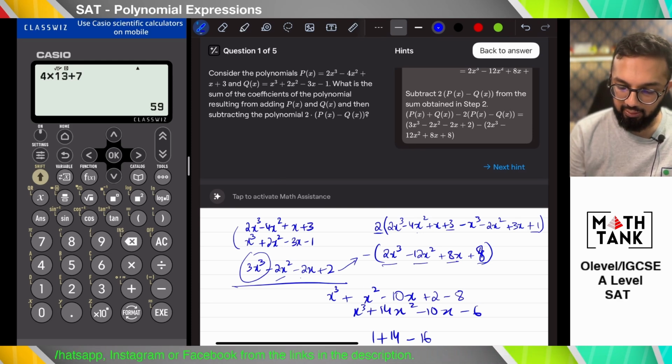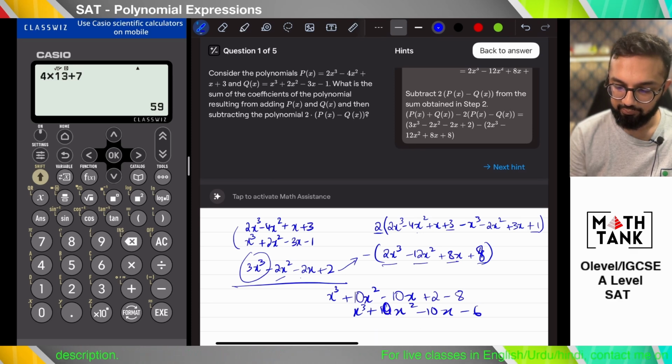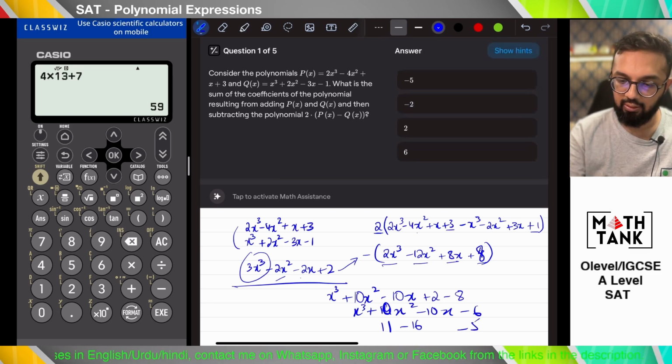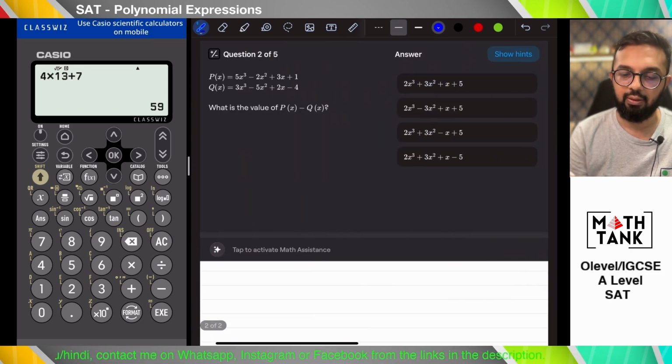Okay, this wouldn't be minus 2 plus 12, so plus 10. I think that's where the mistake is. It's 11 minus 16, that's minus 5. I think that should be the correct answer then, yes.